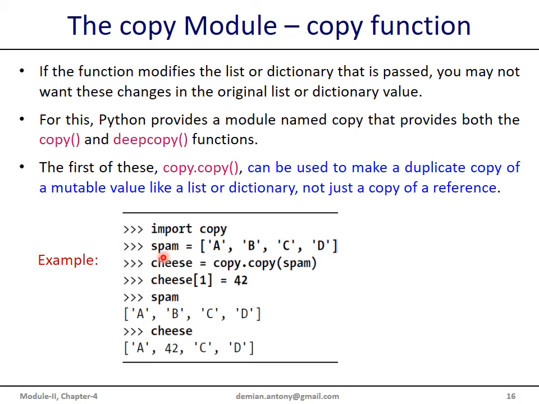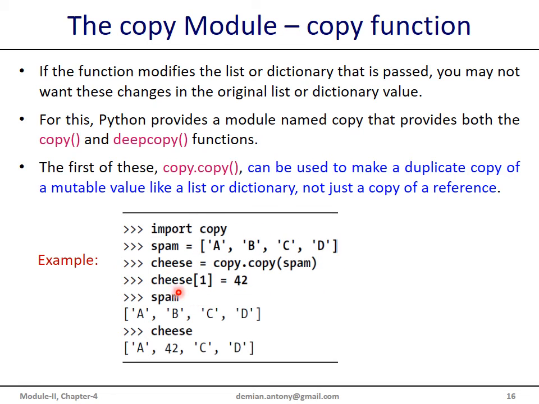To have a separate copy of this list, we have to use the copy module and call the function copy by passing the list as the argument. This copy function of the copy module will return a new list called cheese, and this list is now a totally different list in memory. Cheese is not a reference to spam or to the list containing these 4 elements.